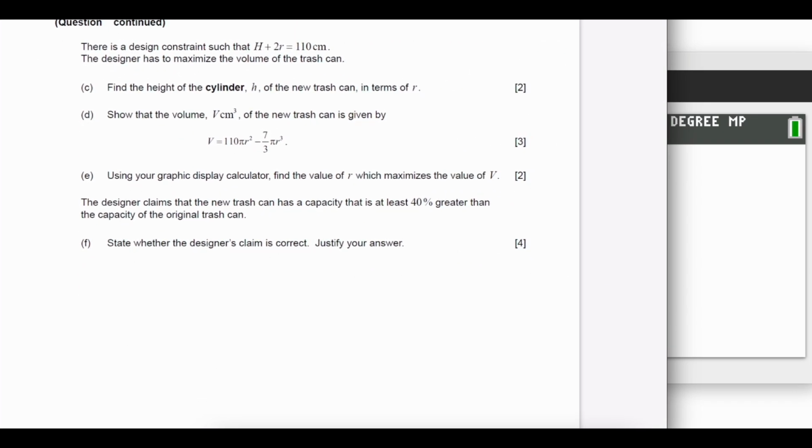On this one, there's a design constraint. We know that capital H, which is the height of the cylinder, plus 2 lots of the radius can only equal 110 centimeters. And we need to find the maximum volume for the trash can. The first question simply says to find the height of the cylinder, which is h, in terms of r for the new trash can.